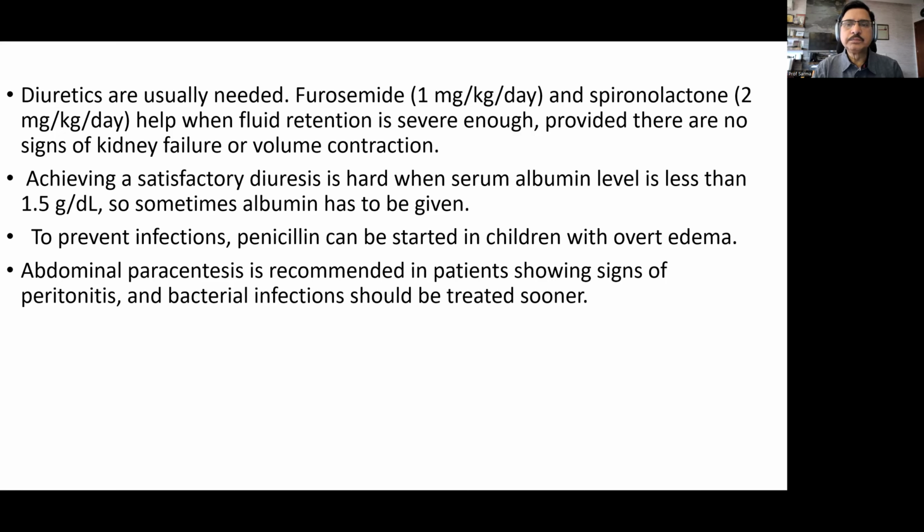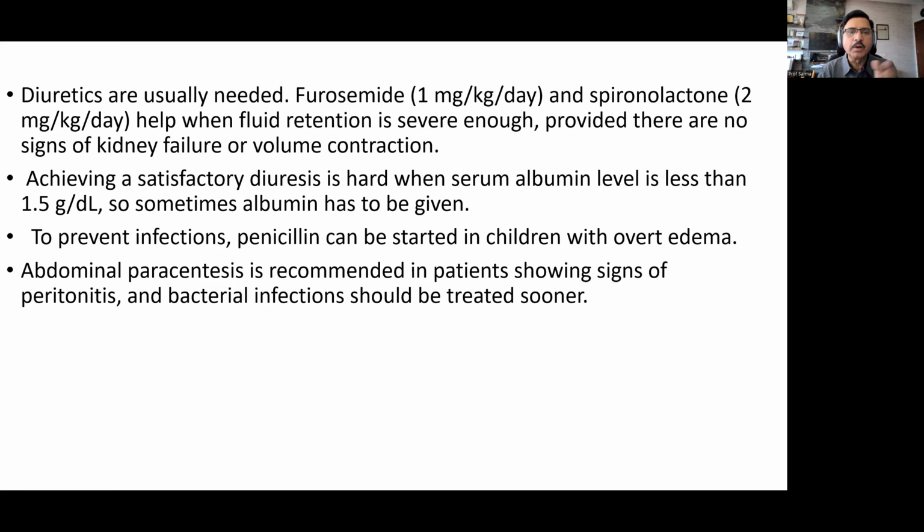When serum albumin is less than 1.5 grams per deciliter, satisfactory diuresis can't be achieved. Because of the hypoalbuminemia, the fluid is retained in the periphery, in the interstitium, and isn't allowed to come to the kidney to be excreted. The hypoalbuminemia is so severe that the edema is sequestered in the interstitium.